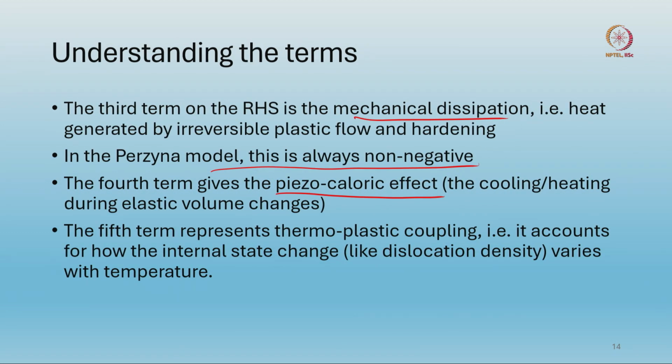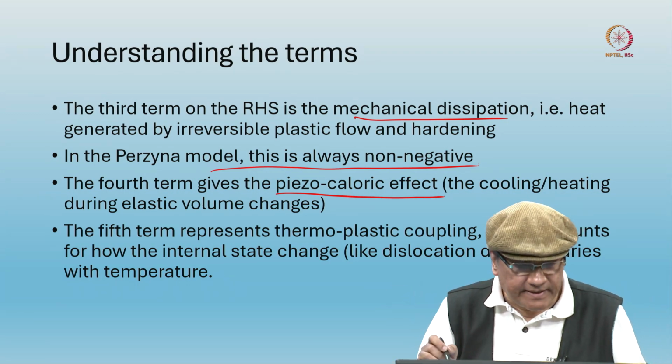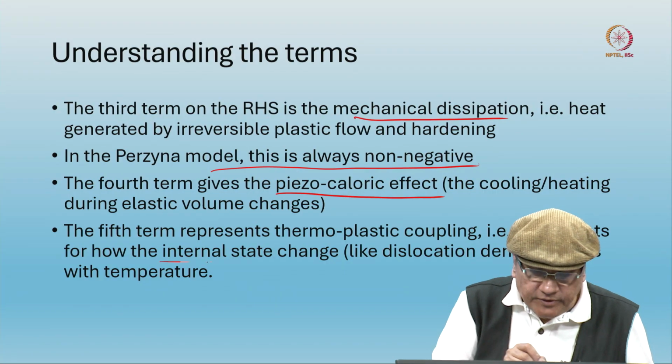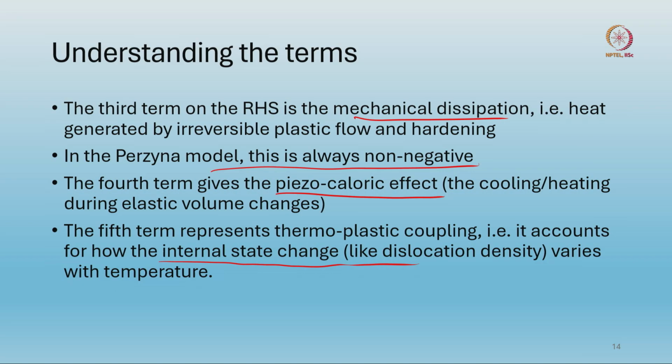So this term is the thermoplastic coupling. The plastic microstructural rearrangement is affected by the thermal effects. It accounts for how the internal state changes, like dislocation density, which varies with temperature. So, you see these are the three effects that we have seen.